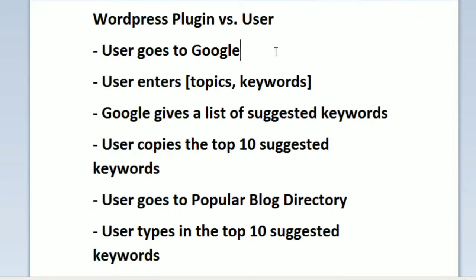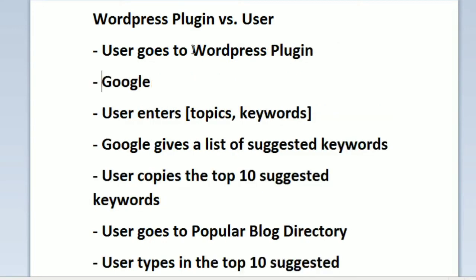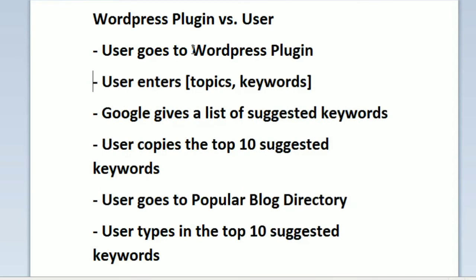User goes to Google. Now, in this case, the user is going to have to stay inside of the WordPress plugin. They're not going to be able to leave or anything like that. We're going to want them to be able to click a button and it all happens. So user goes to WordPress plugin after they have activated it. And then the user enters maybe a keyword.